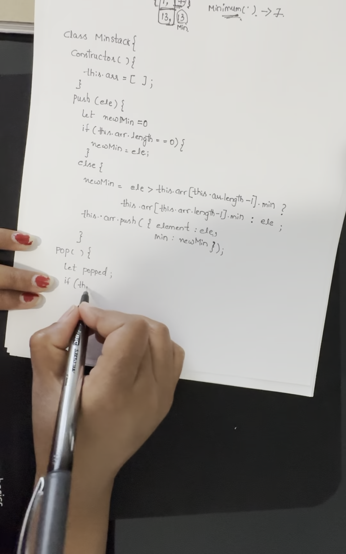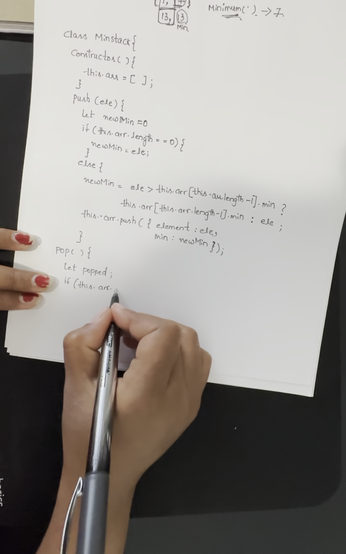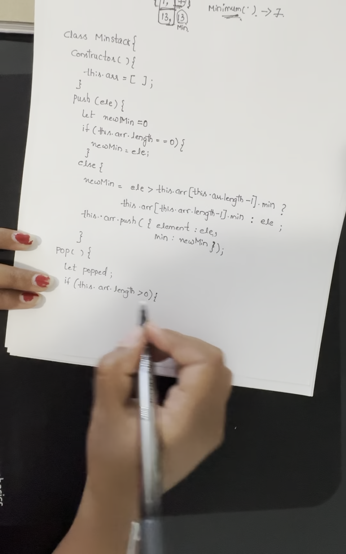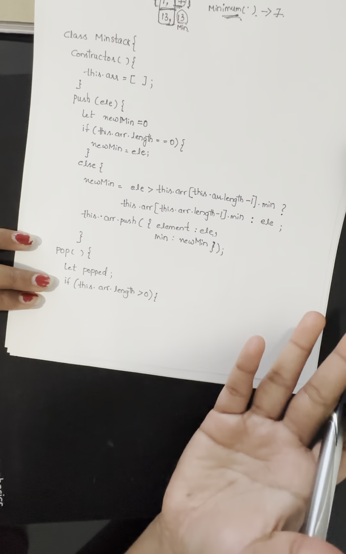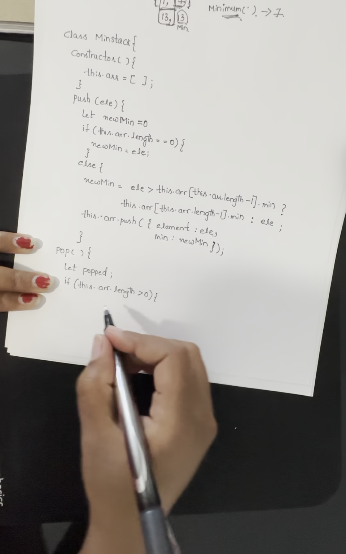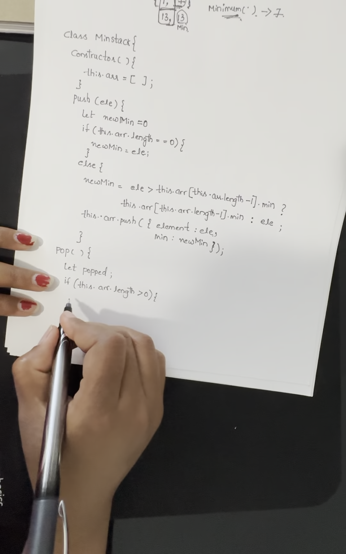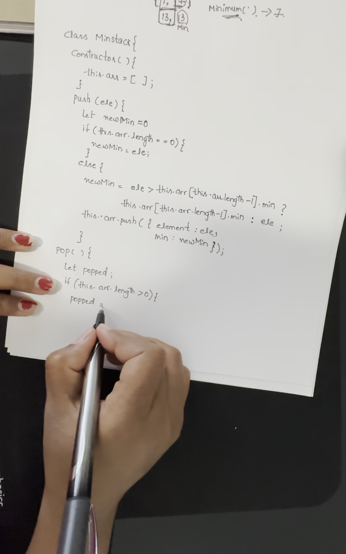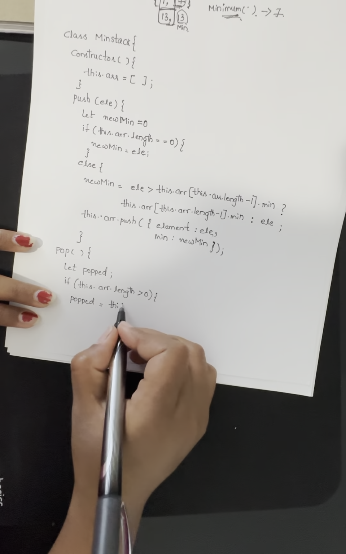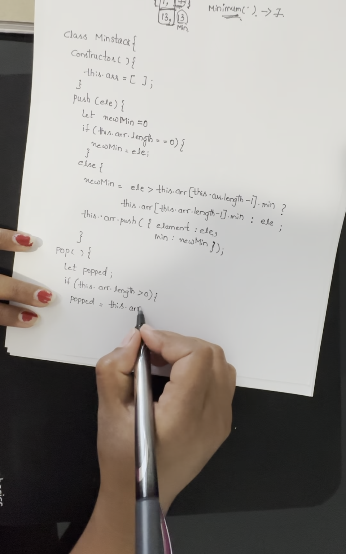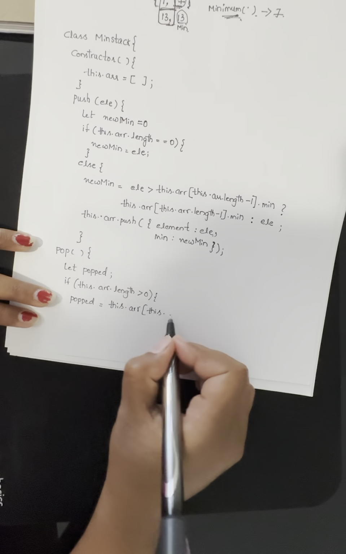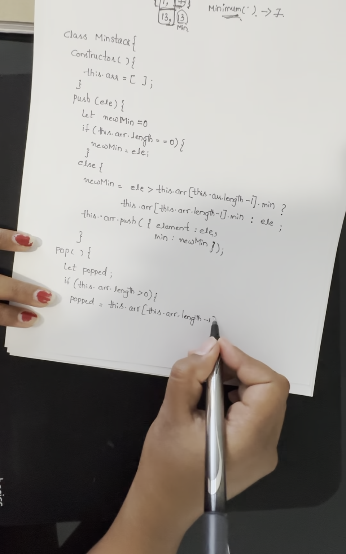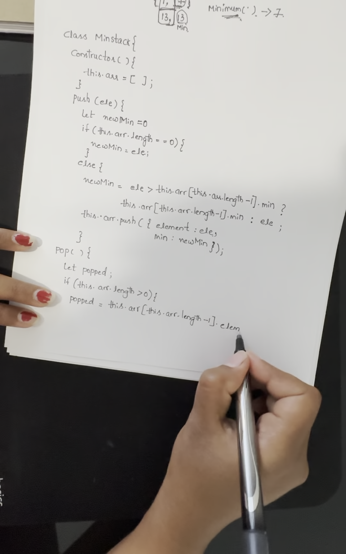So if this.array.length is greater than 0, so I'm checking if there are elements in the stack, which means the stack is not empty, then in this variable we store this.array[this.array.length - 1].element.